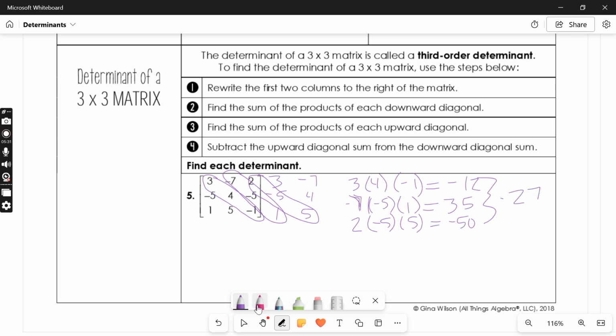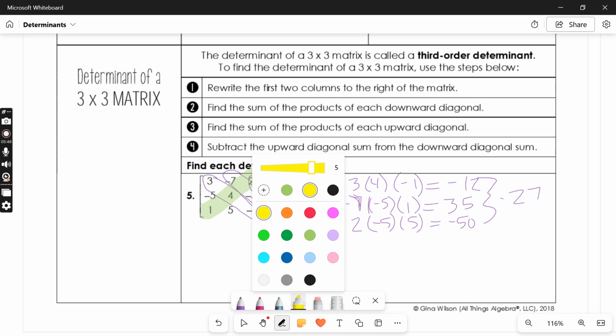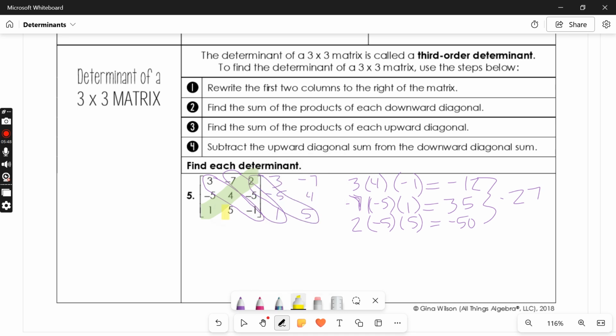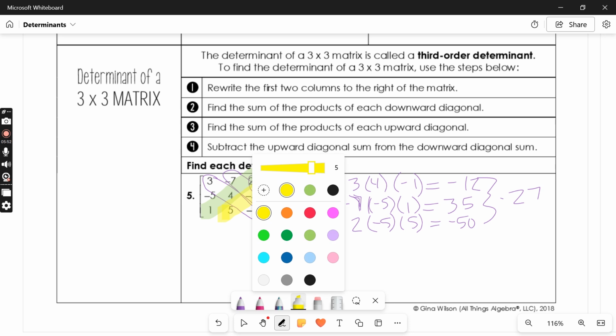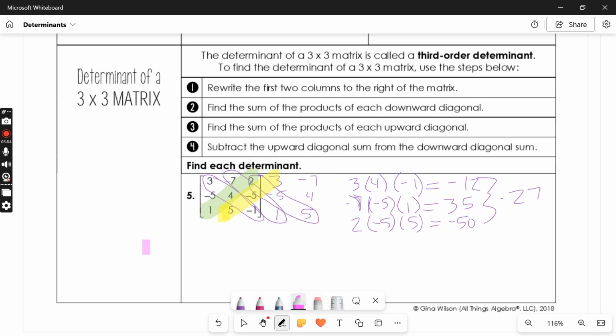Okay, I'm going to switch colors. Maybe I'll go to a highlighter. Okay, so now I'm going to go on that other set of diagonals. So I'm going to do this one, and then this diagonal, and then this diagonal. And I'm going to do the same thing. I'm going to multiply and then add those together.